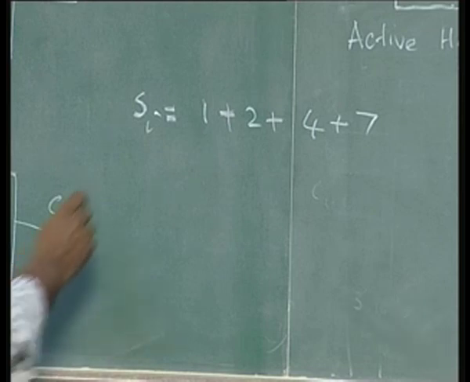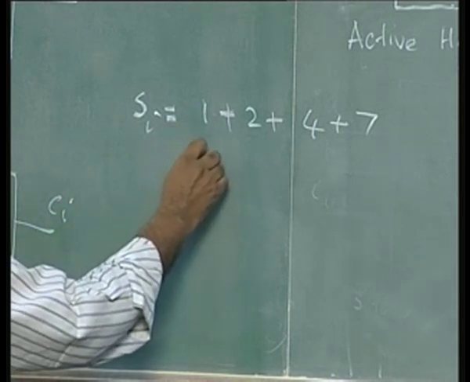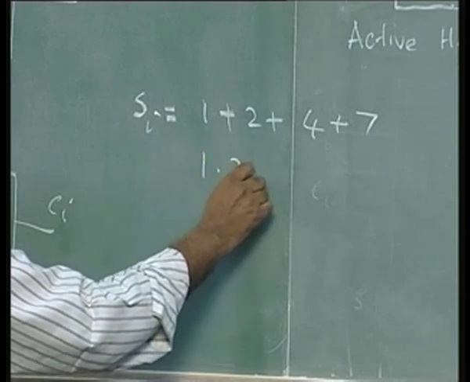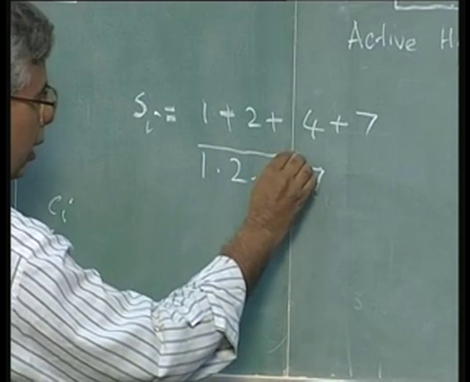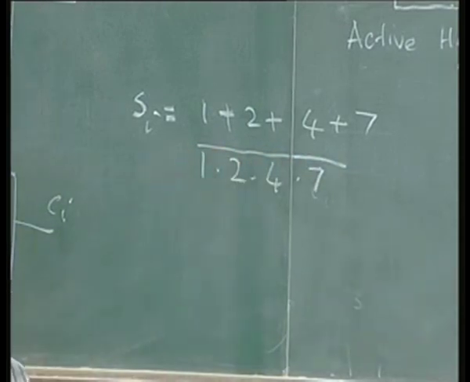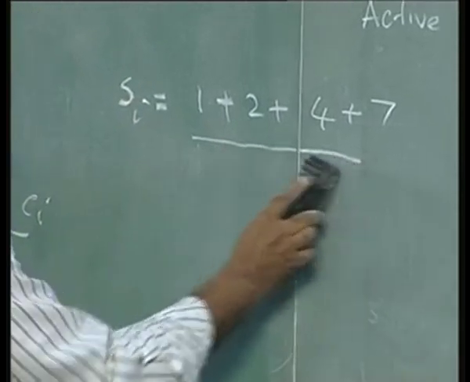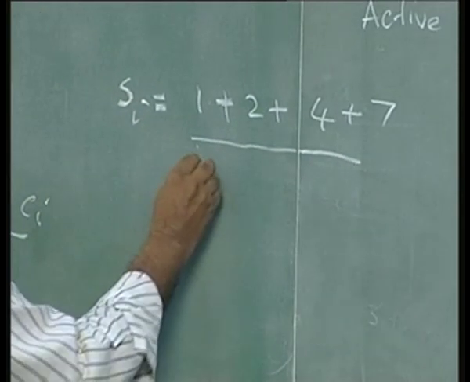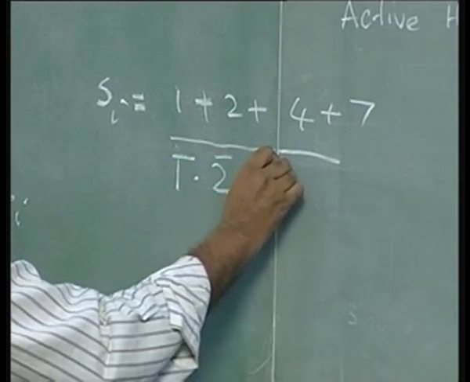Now, this can also be written as 1 bar and 2 bar and 4 bar and 7 bar, whole bar.